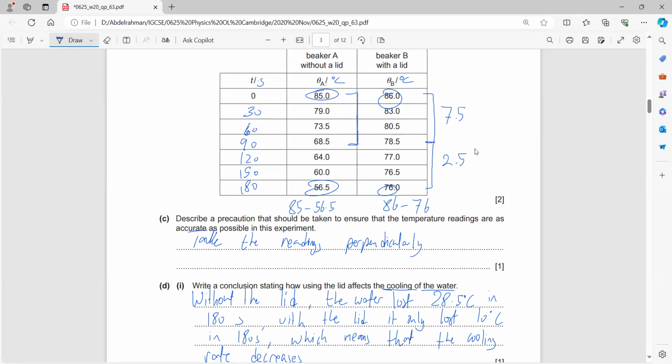In the first 90 seconds, 85 to 68.5, which is 16.5. But in the second 90 seconds, it only lost 12. So definitely the initial cooling rate is always greater than the final cooling rate, meaning that the cooling rate always decreases.